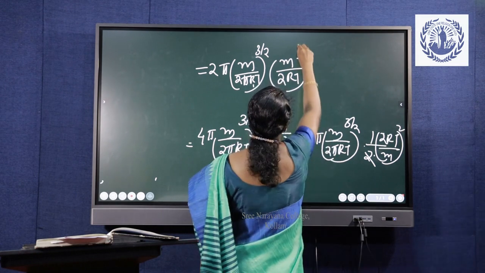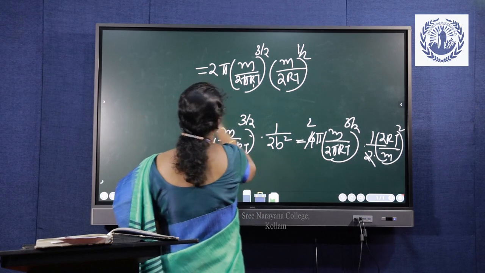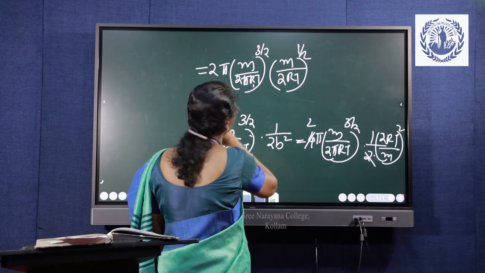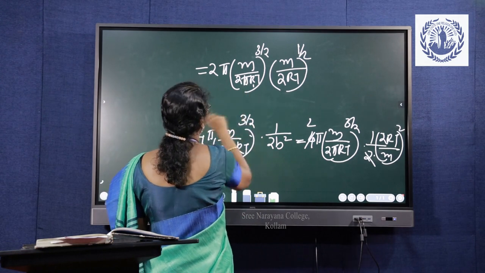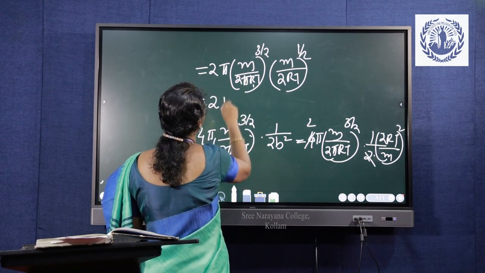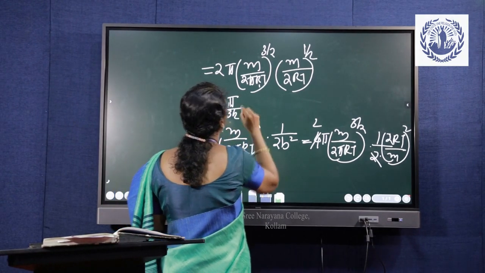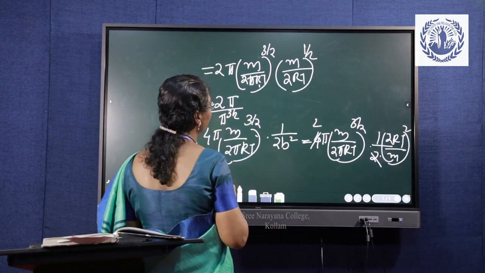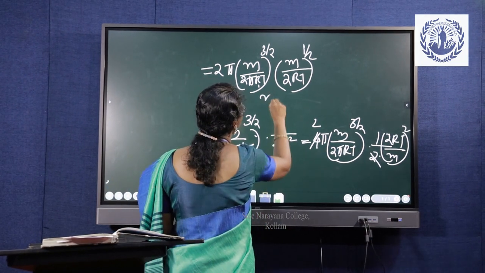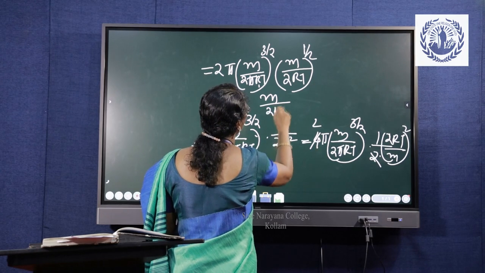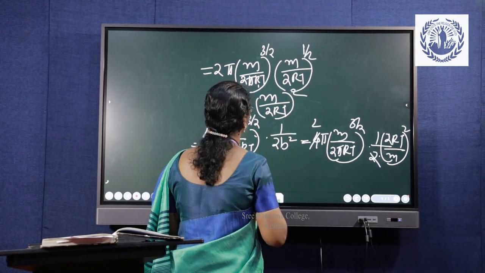Now it becomes 1 by 2, and adding this, pi can be taken outside, 2 pi by pi raised to 3 by 2, and adding (m by 2RT) raised to 3 by 2 and (m by 2RT) raised to 1 by 2, we get m divided by 2RT raised to 2.